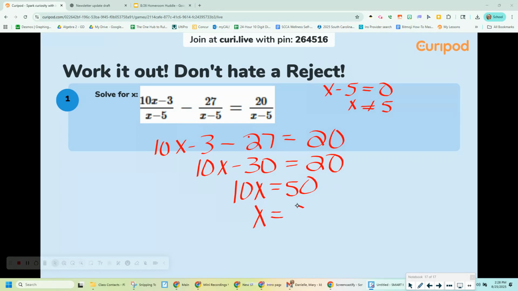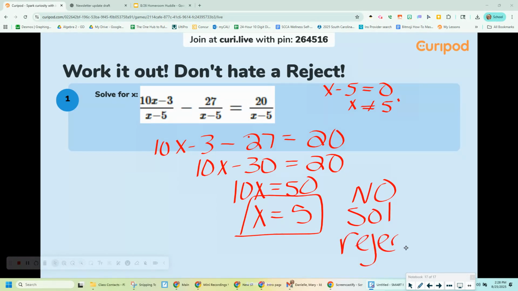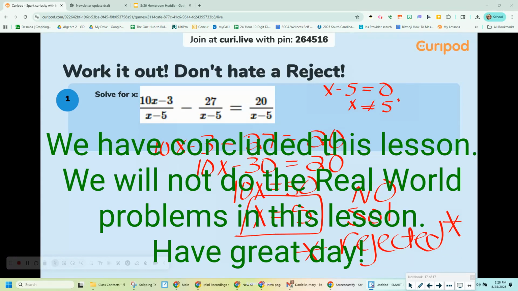Divide by 10. Guess what? I get x equals 5. So I know that it cannot be equal to 5, so this is going to have no solution. This is going to be rejected. Rejected, rejected, rejected. It's pretty easy when you don't have to do anything to the denominator there, right?